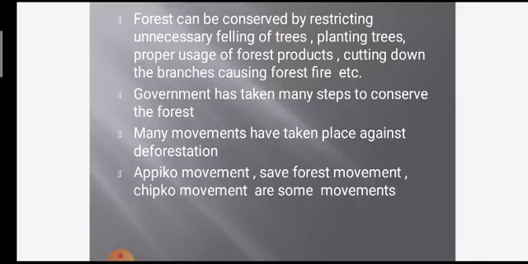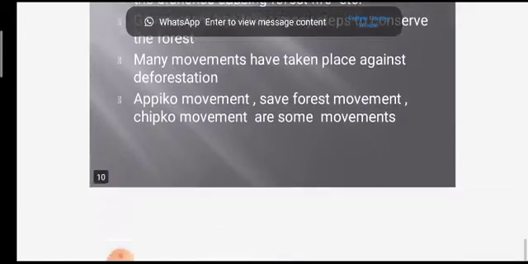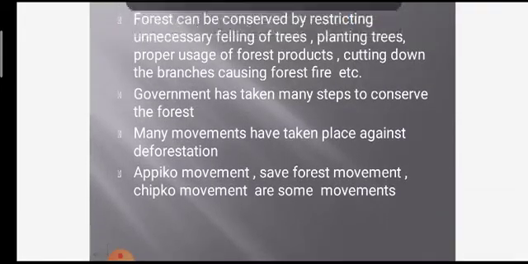Okay, for example the Appiko movement, this was one particular movement or slogan given to protect our forest, that is the Save Forest movement. Another movement was the Chipko movement. This movement also helps in saving the forest.